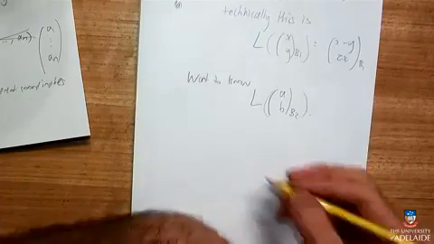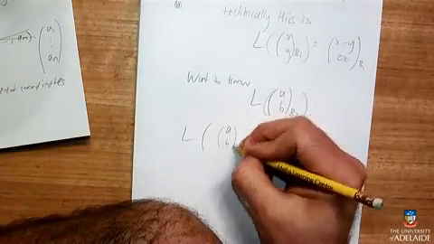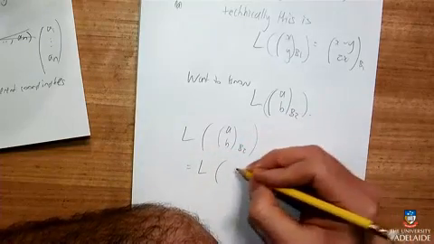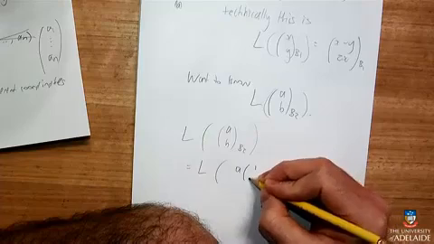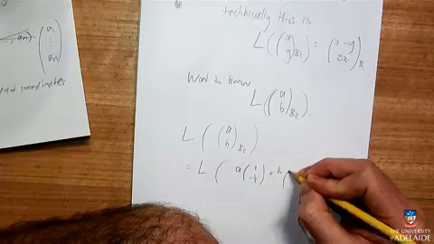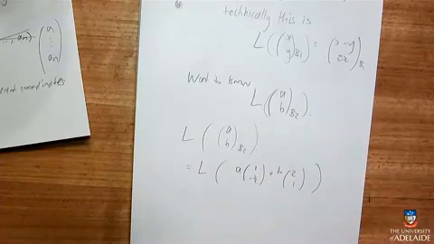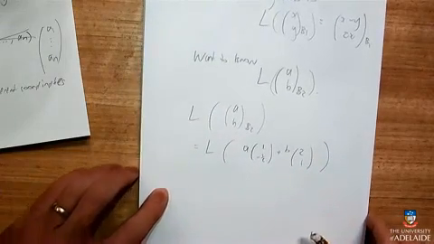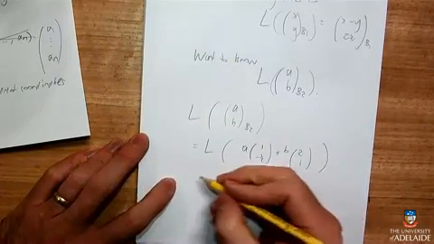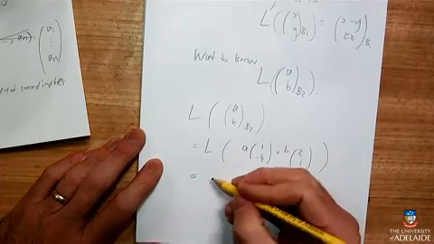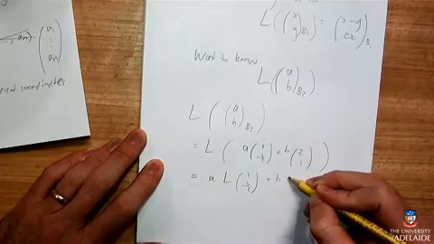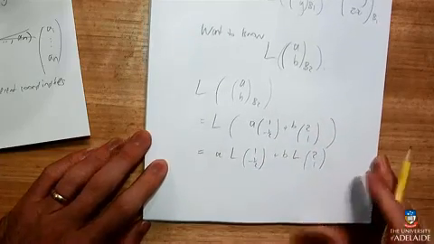So let's just see. L of (a, b) in terms of B2 is L of a lots of (1, -1/2) plus b lots of (2, 1). That's what it really is, because the a and the b are the coefficients of the basis. So this should be a of L of (1, -1/2) plus b of L of (2, 1), which we know.